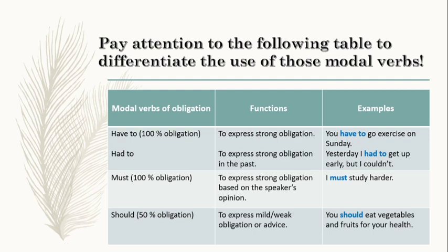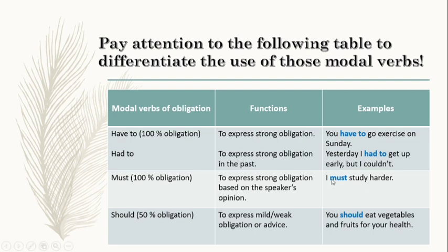But if you use had to, for example, yesterday I had to get up early, but I couldn't. The use of had to here means that you express obligation, but the action has been done in the past, and there is no related noun.